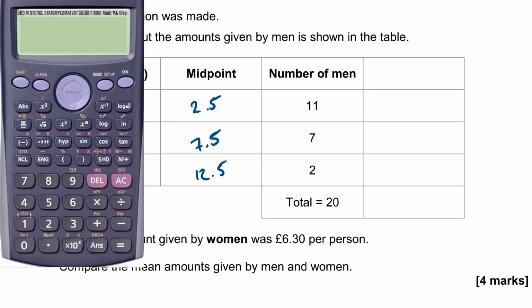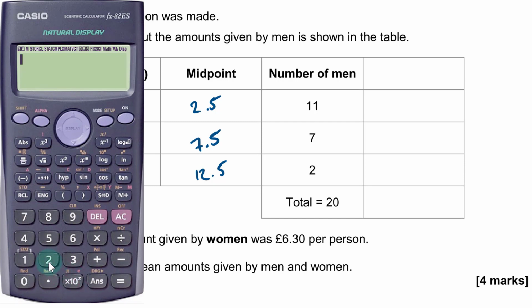So then we need to multiply those by the frequency and then add them up. So 2.5 times 11 is 27.5. 7.5 times 7 is 52.5. And 12.5 times 2 is 25.